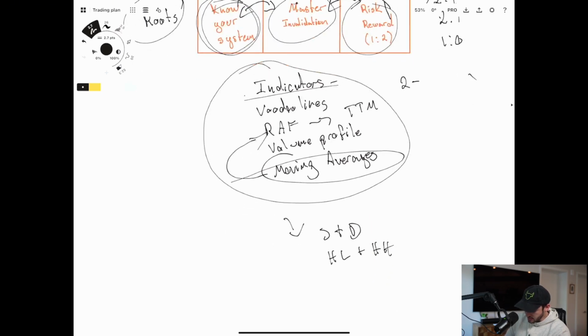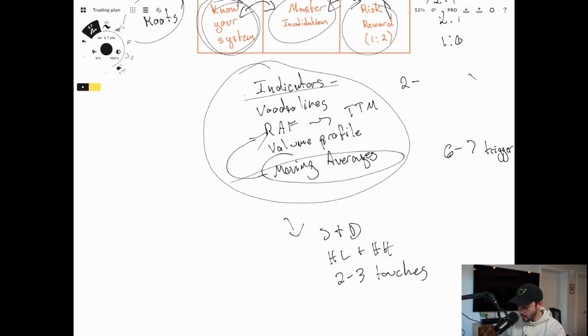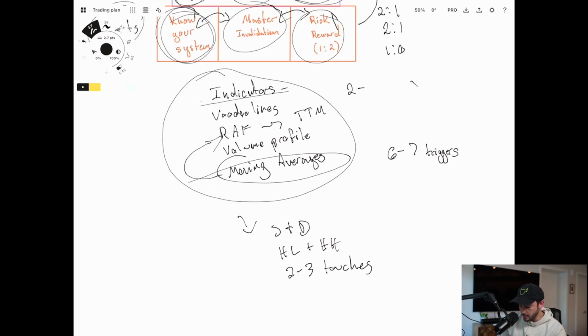And I'm also using the 2 to 3 touch principle. So indicators plus all this, now we're looking at possibly anywhere between 6 to 7 triggers at the same time. Cool? So now it's not a matter of just looking at one thing, but now we're looking at 6, maybe 7 things.